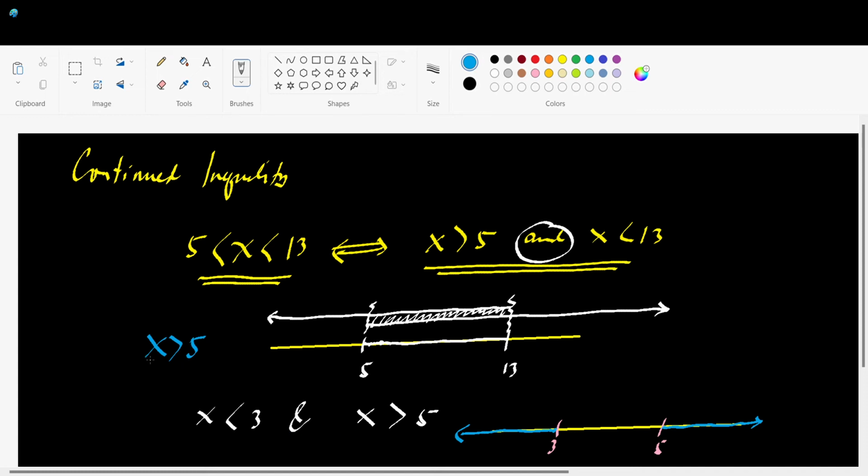There's no way we can write this as x less than 3. It is true that x is less than 3 and x is greater than 5. But you see here that 3 is greater than 5, and that is absurd. So we cannot write these two inequalities as a single inequality. Okay.